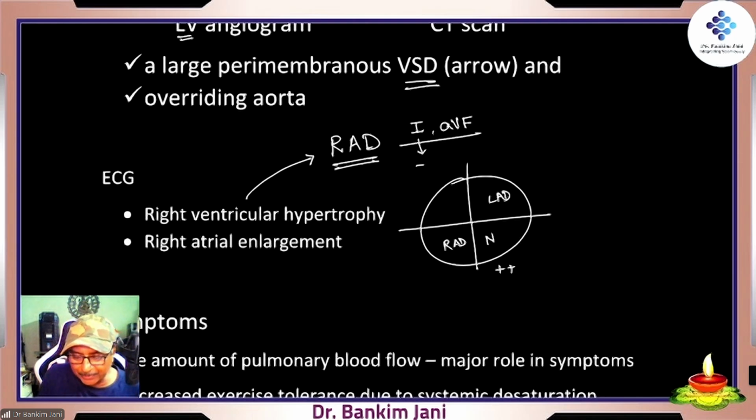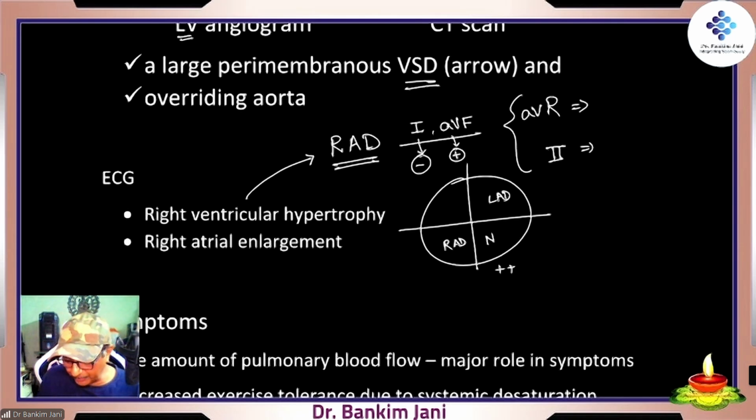When lead 1 is minus and aVF is plus, that means we are dealing with a right axis deviation. Right axis deviation, so then we jump to that shortcut, you know, R2. That means aVR, right? So when we are over here, the axis deviation is either here or here.